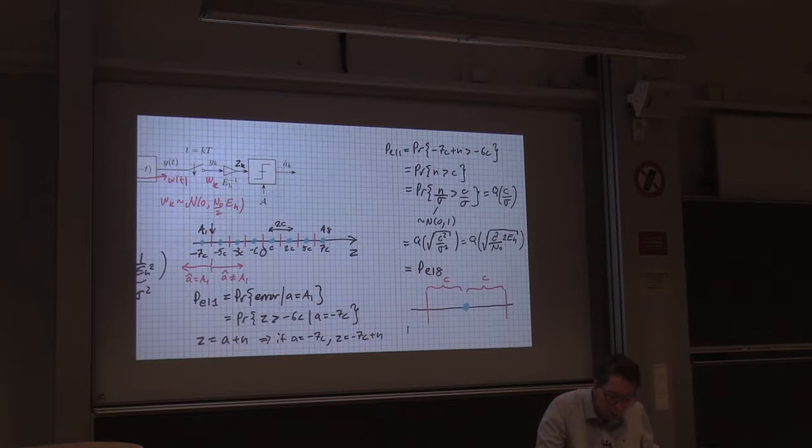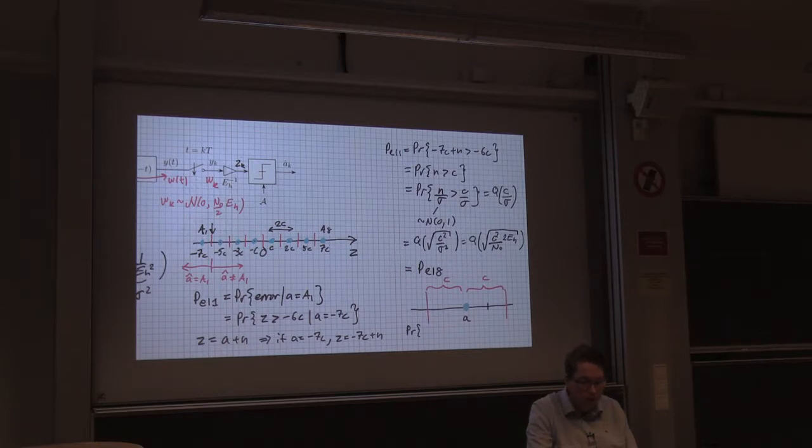So the probability for error here, what is that? Well, it's the probability. So let's draw this. This is what we transmit, A. Okay, so this is the transmitted, right?